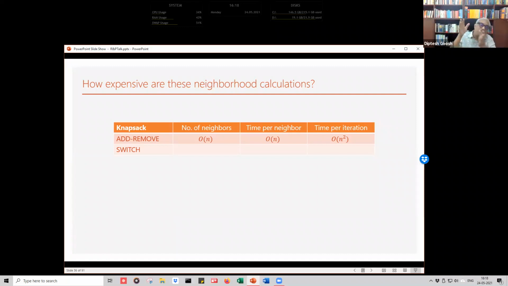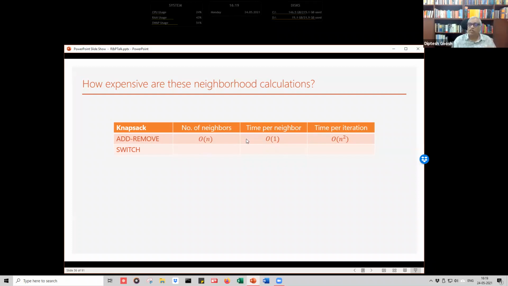So the profit for the neighbor was the profit of the initial solution minus the profit of the element that you threw out, which can be calculated in constant time. Or if you're taking one element and putting it into the knapsack, the total profit of the new neighbor would be the profit of the original solution plus the profit of the element that you put in. Therefore, the time required to compute the profit of a neighbor is a constant time process.